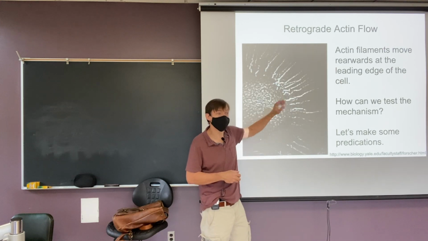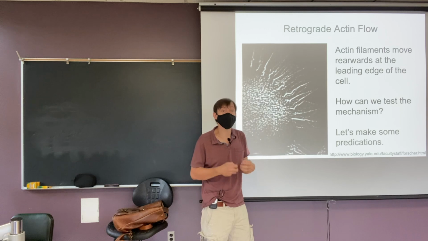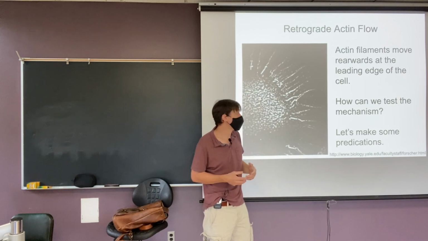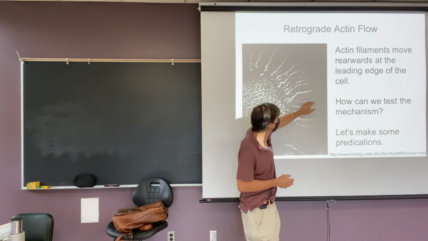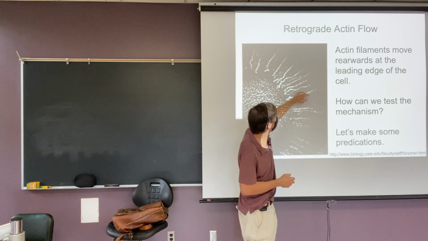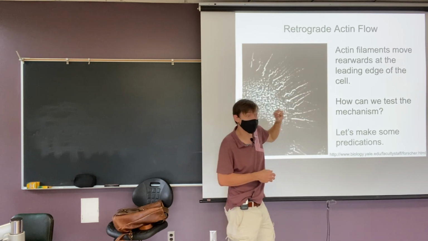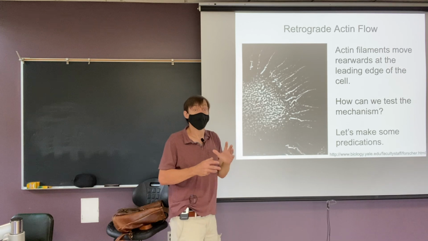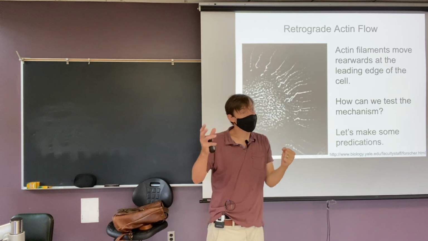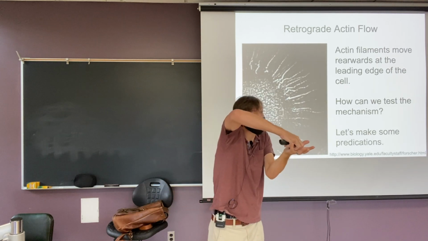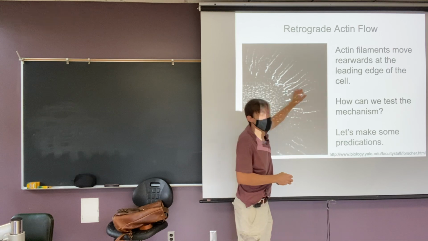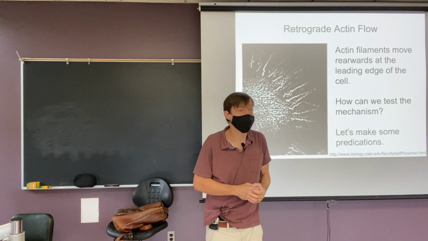This is using fluorescent speckle microscopy, with a very low concentration of dye. If we look at this, you can see little speckles show up in front. What's happening there is the dye is binding to the actin filaments, and then it's being transported back.